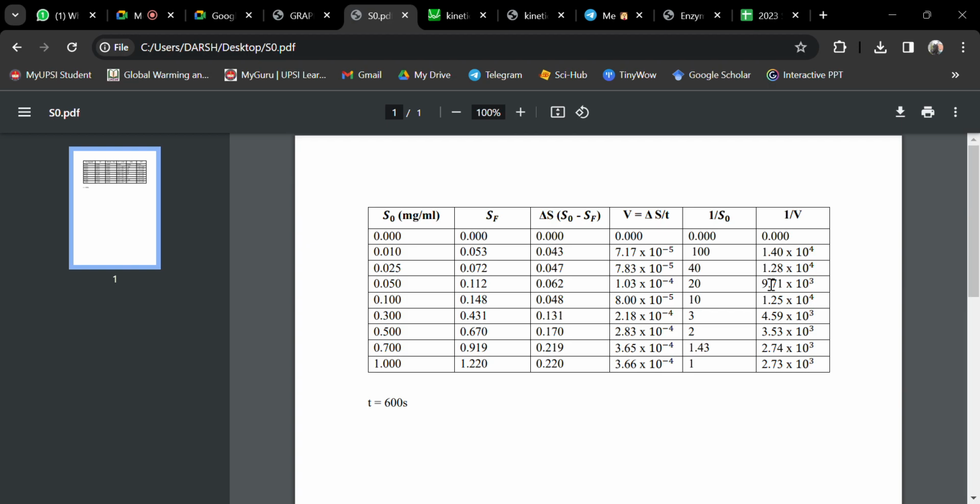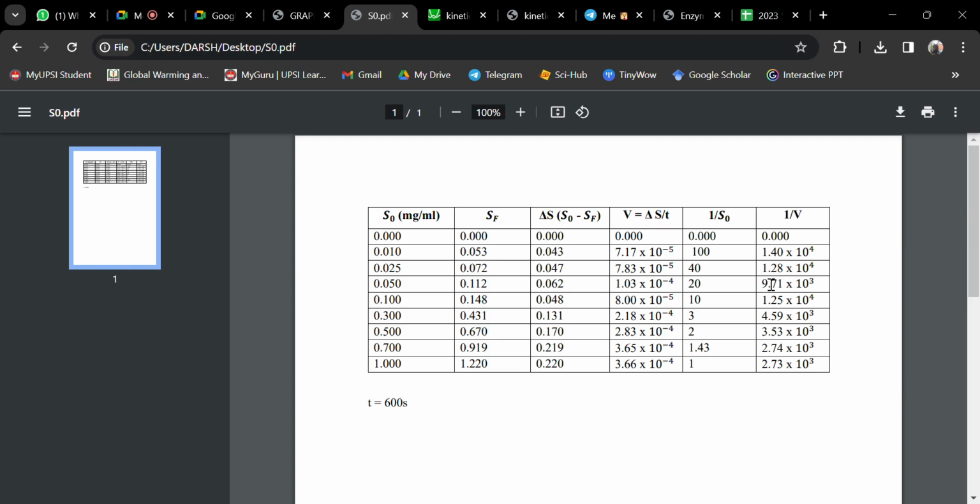Dalam masa 10 minit berapa banyak produk itu akan terhasil. Berarti in this case we are actually measuring how much amount of maltose, but we are not using maltose. Kita tak guna indicator for maltose, kita terus guna starch. Kita buat terbalik tau. Kita measure berapa banyak starch digunakan.